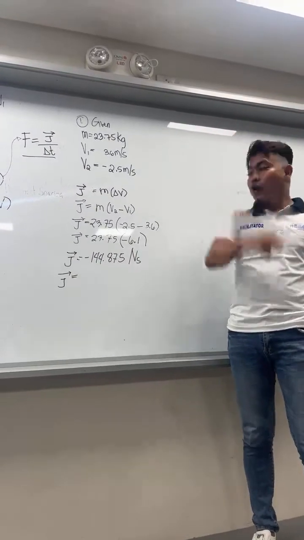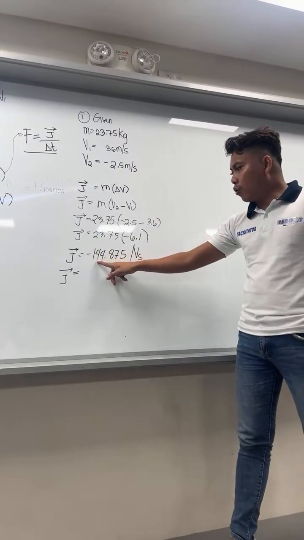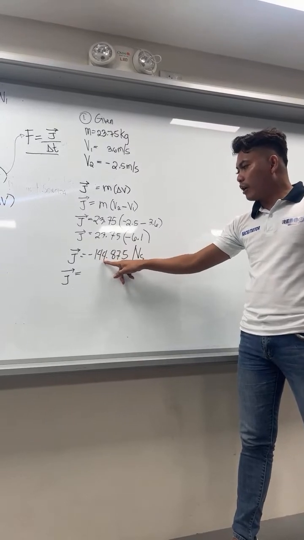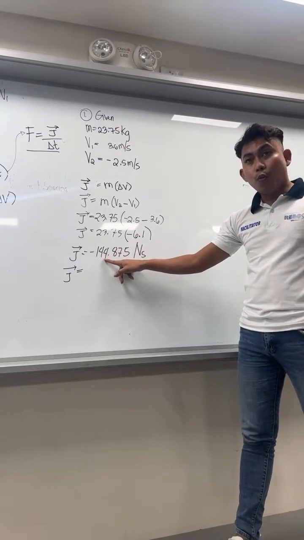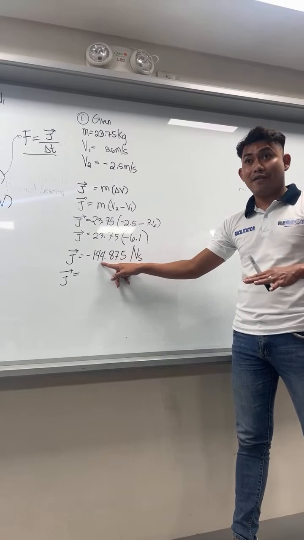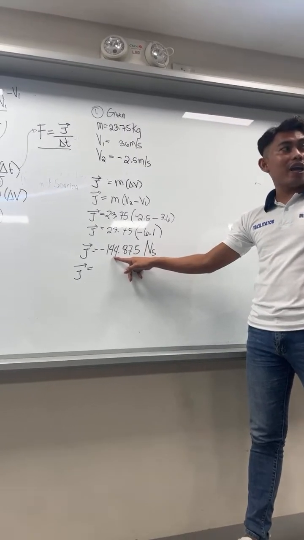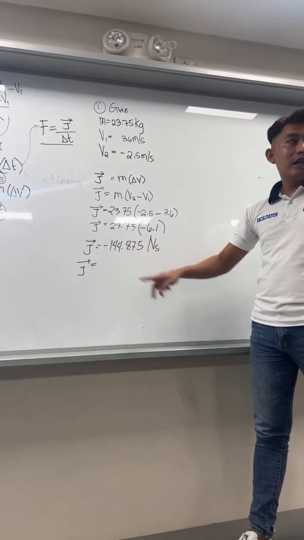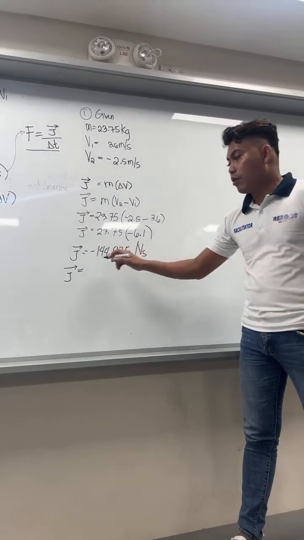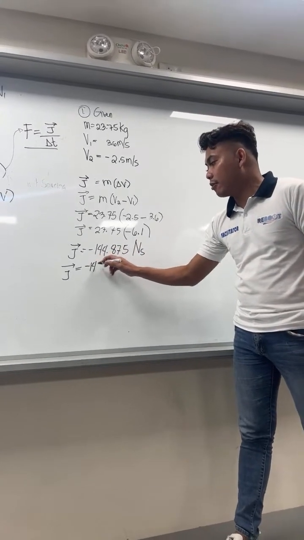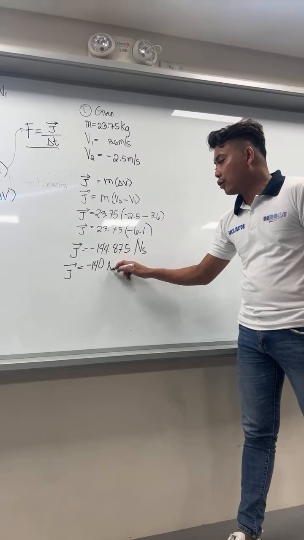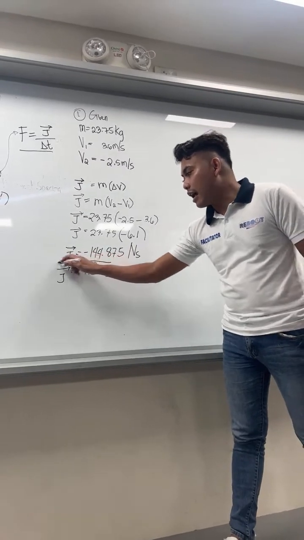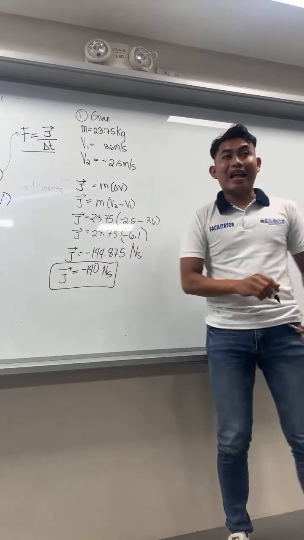So, 1, 4, 4. Ang kasunod ng 4 is what? 4, which is less than 5. Rule, pag less than 5, automatically round down mo. So, negative 140 Newton second. And this is now your answer.